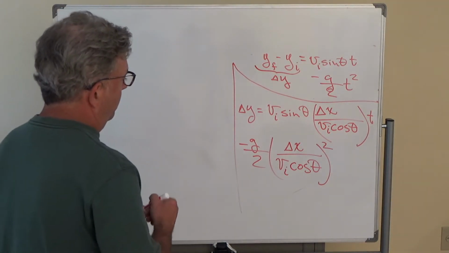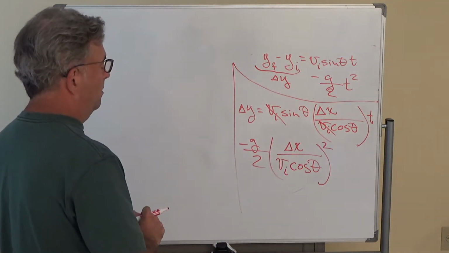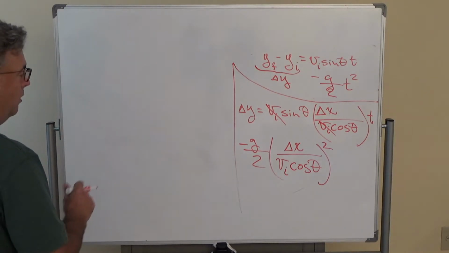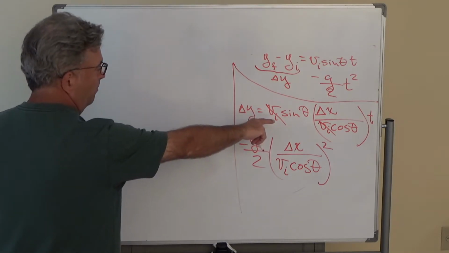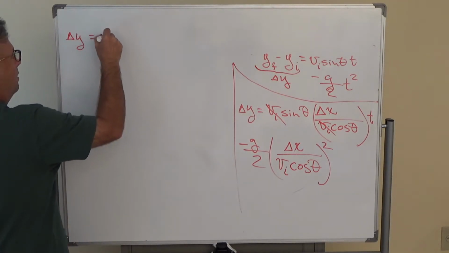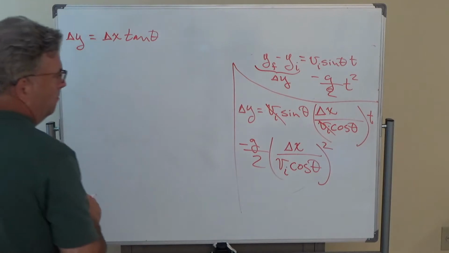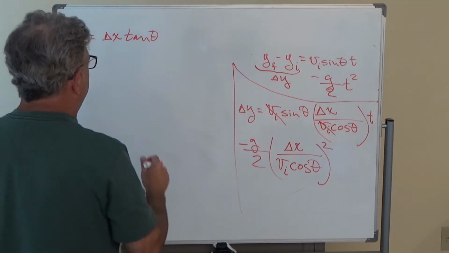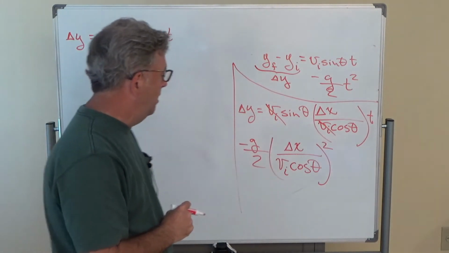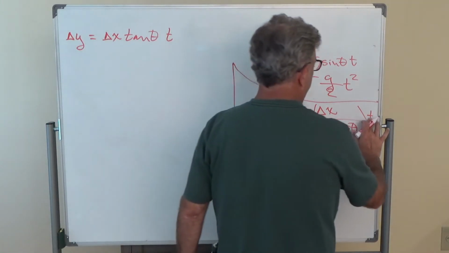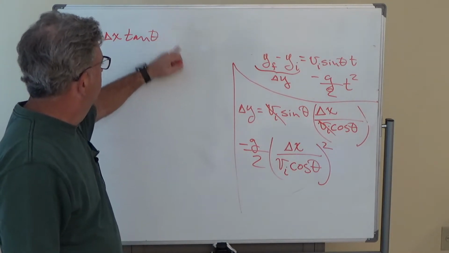Okay, this term, the V initial cancels out, and you get delta Y is equal to, the first term becomes delta X tangent theta, right, because you have a sine over a cosine.